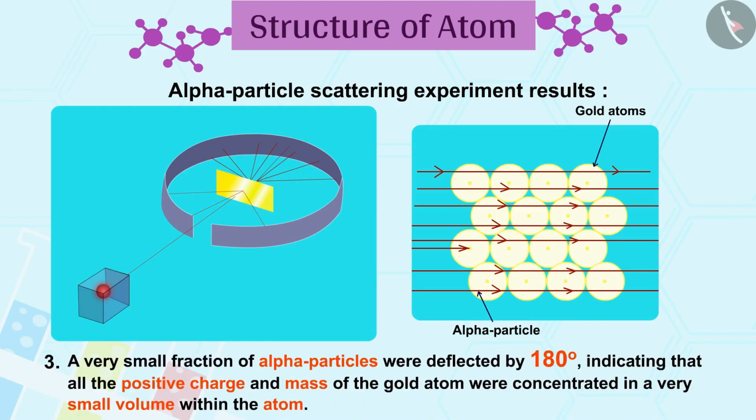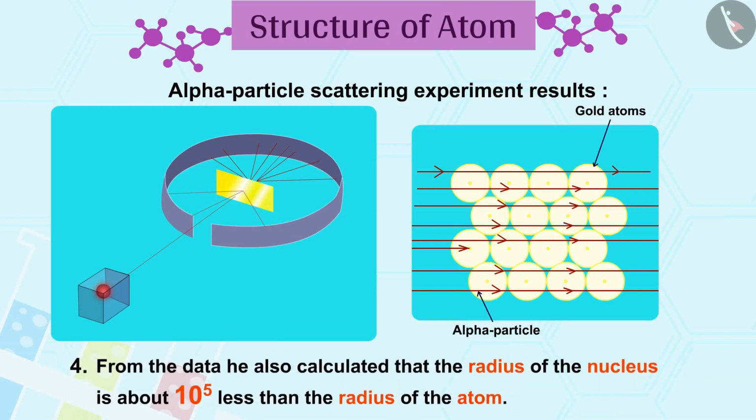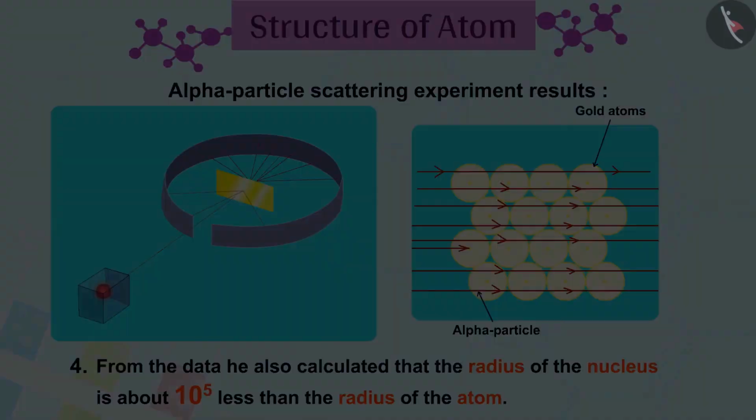A very small fraction of alpha particles were deflected by 180 degrees, indicating that all the positive charge and mass of the gold atom were concentrated in a very small volume within the atom. 4. From the data, he also calculated that the radius of the nucleus is about 10^5 times less than the radius of the atom.